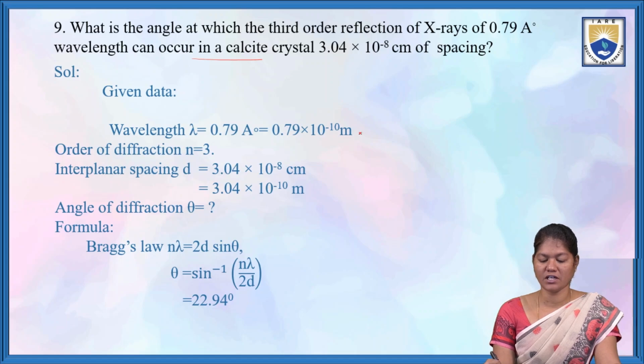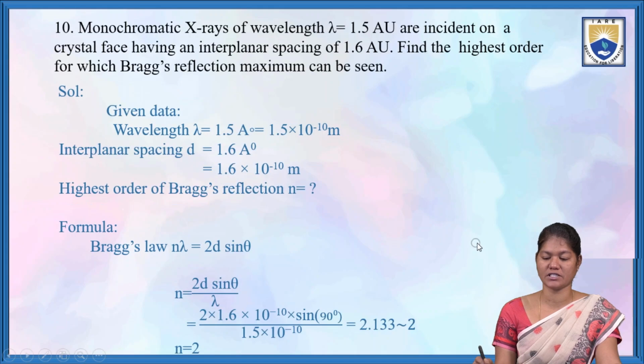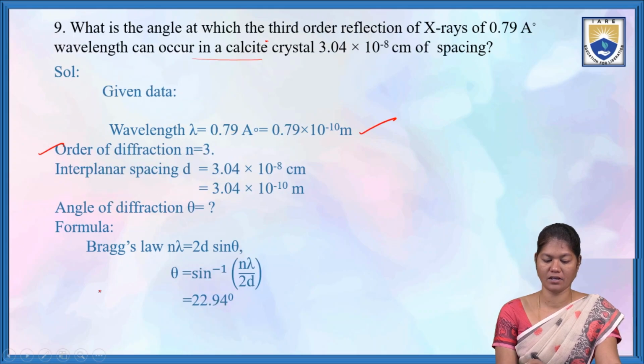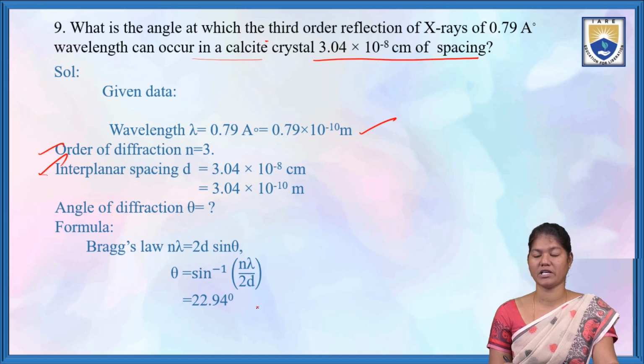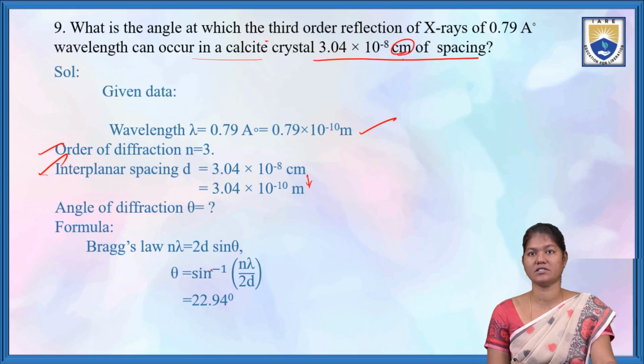The given data: wavelength lambda is equal to 0.79 angstroms, which is 0.79 × 10^-10 meters. The order of diffraction n is equal to 3. The interplanar spacing is 3.04 × 10^-8 centimeters, converted into meters, 3.04 × 10^-10 meters.